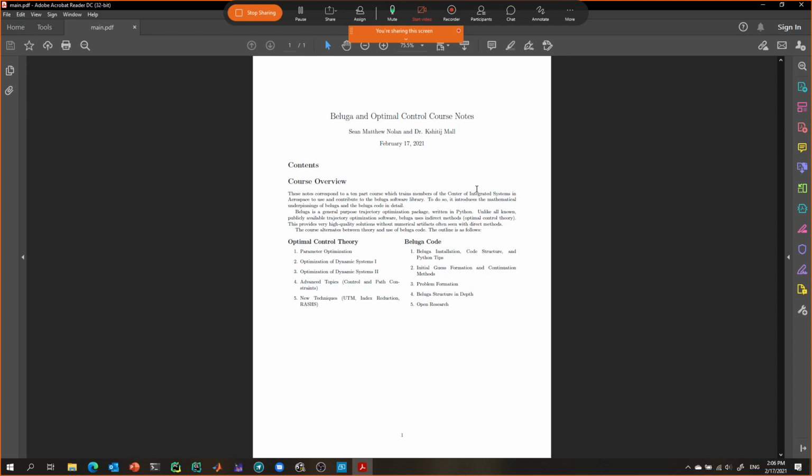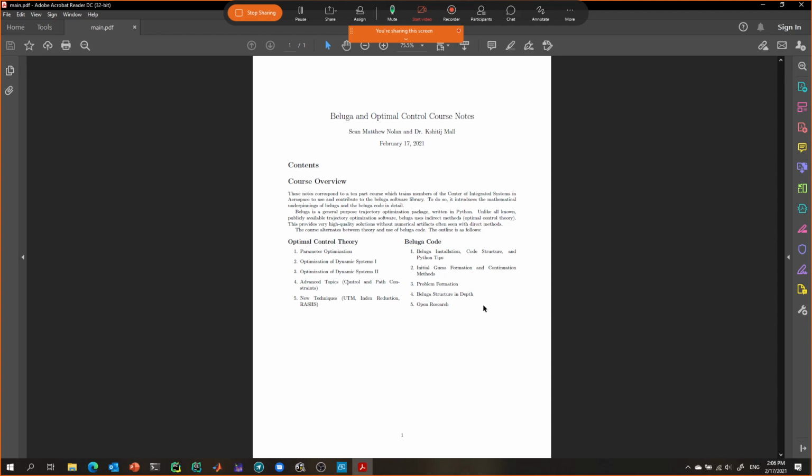beyond solving simple problems. And on the Beluga days, starting this Friday and every other Friday, we're going to cover the basics: Beluga installation, the structure of Beluga, and just general tips on Python. That's to help you start ready to use Beluga efficiently and then also contribute. I hope that some of you have the opportunity to contribute to Beluga as well as use it.